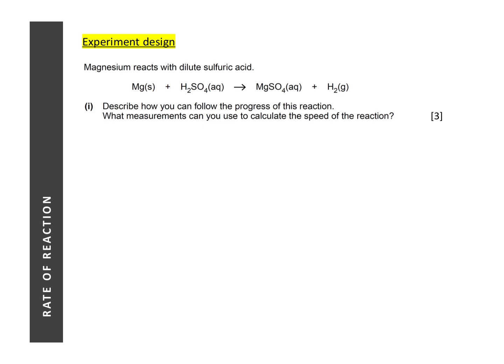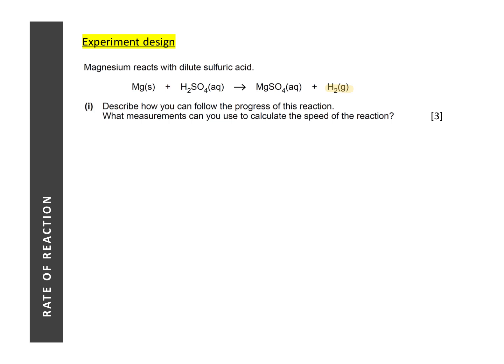For this question, again, we are asked to describe an experiment to follow the progress and to calculate the speed. So once again, let us take a look at the reaction. The reaction is between an acid and a reactive metal, which again produces a gas.